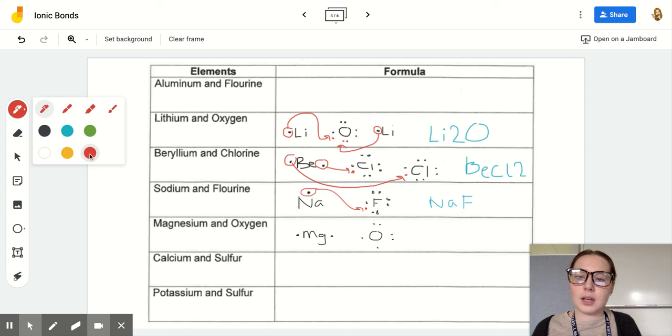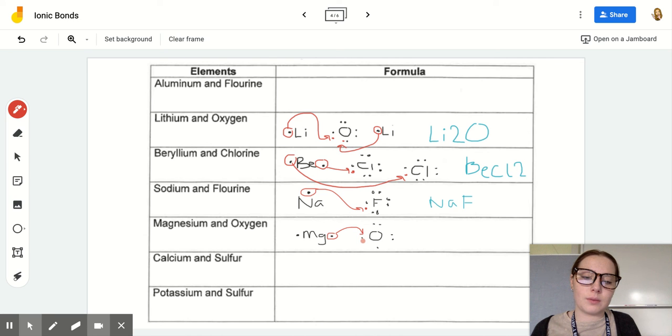So what I'm going to do is steal from magnesium, and it's going to give to oxygen. In this case, it actually works out because I can take 1 from magnesium, give it to oxygen, which gives it 7. But then I can also take another 1 from magnesium, because magnesium has 2 valence electrons, and give it to oxygen as well.